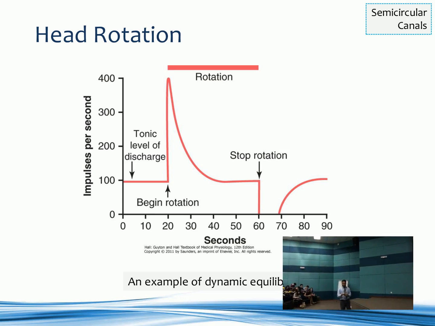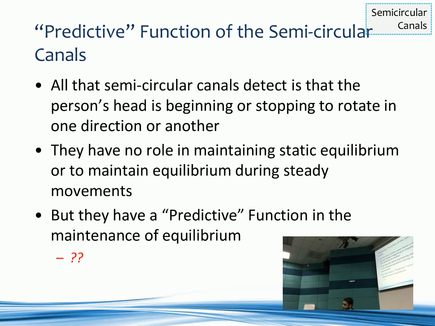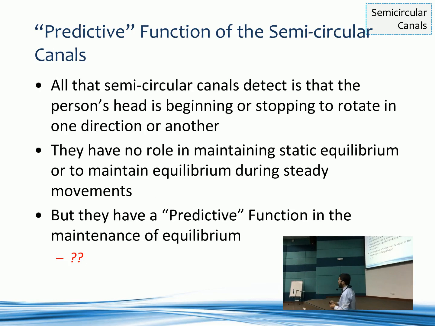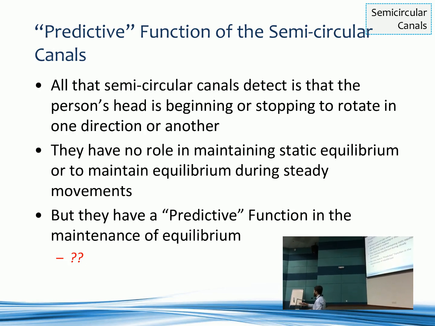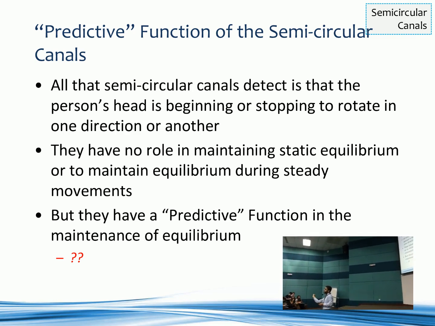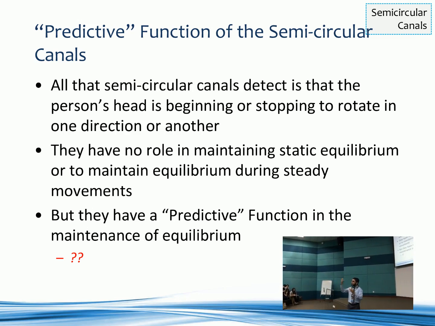Now, another function of semicircular canals which is very interesting is known as the predictive function. For example, you are running, and there is a curve that you have to turn. The semicircular canals are sending a constant signal to your brain about any change in the velocity when you are running.